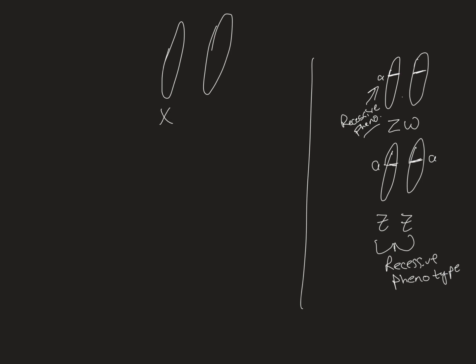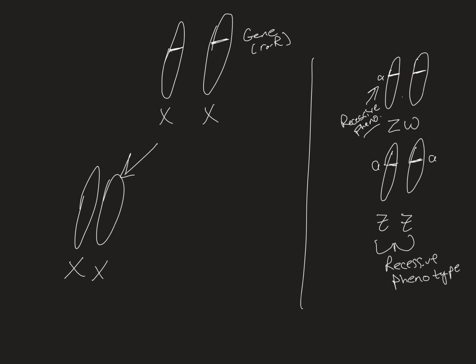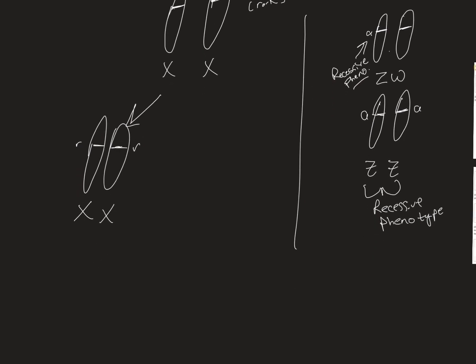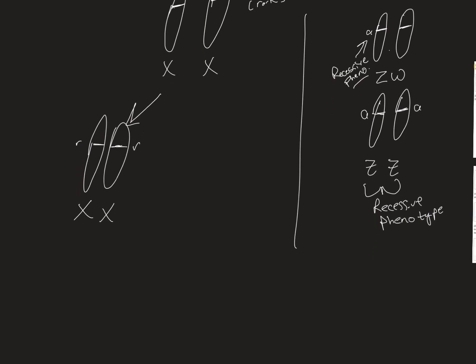So if on the X chromosome you have a gene that has a recessive, let's say big R or little r, and if you have two X's with two little r's, you have some, let's say, dwarfism. This one form of dwarfism is X-linked.